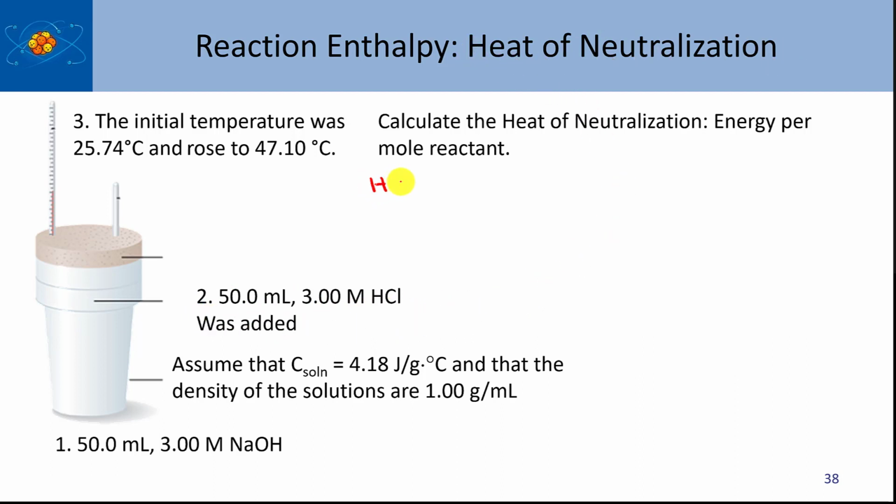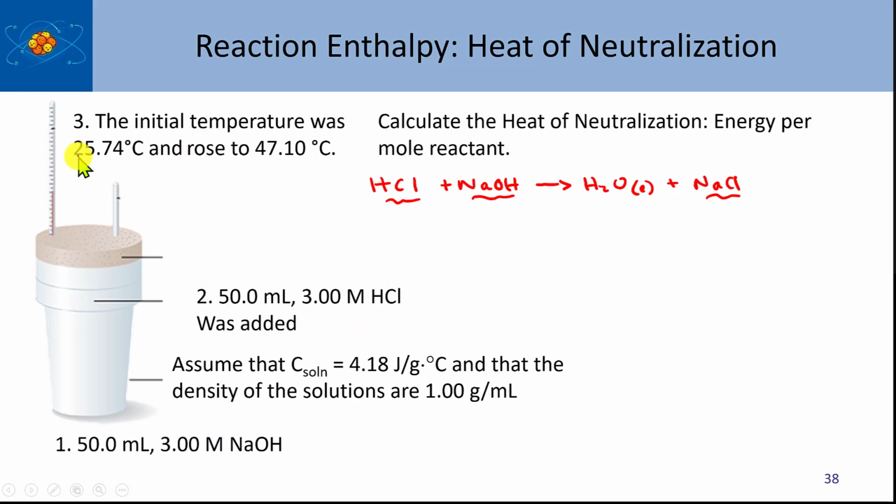I have HCl plus NaOH. These are both aqueous, and they'll form H2O liquid and NaCl, which is also aqueous, and that's the balanced chemical reaction, so 1-to-1 stoichiometry. So that's what will happen when I mix these two solutions together.